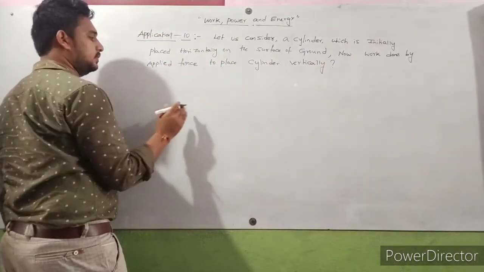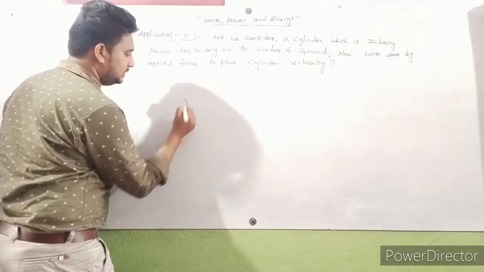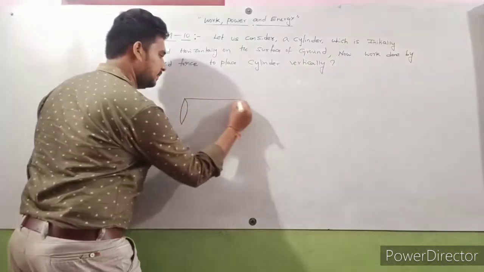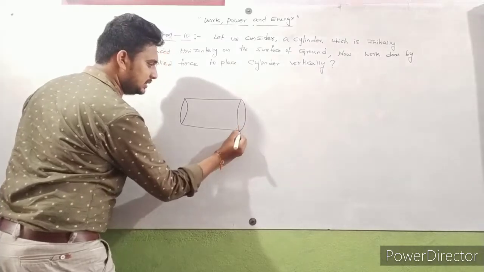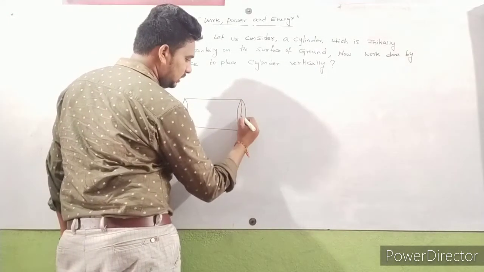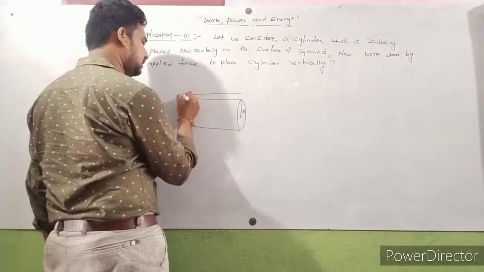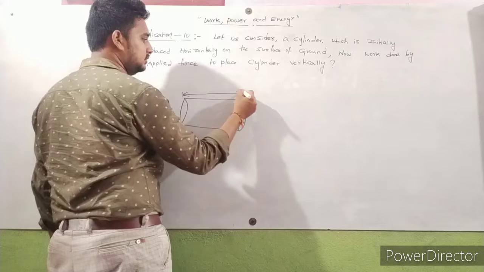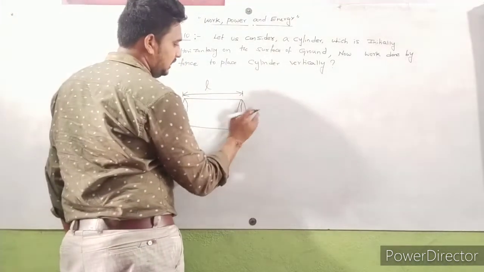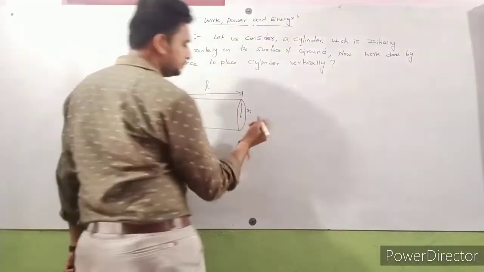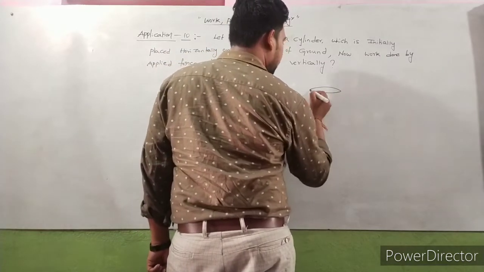So here initially the cylinder is like this. The radius is R, and the length of the cylinder is L. Now it is going to be lifted and placed like this.